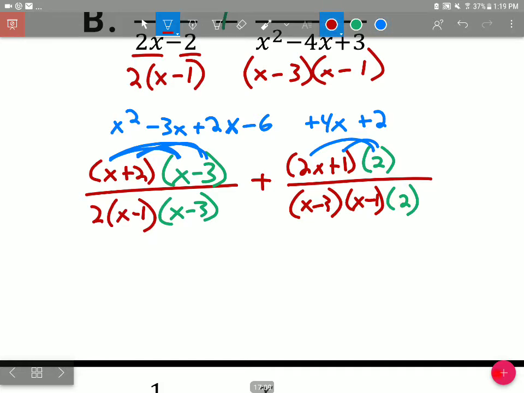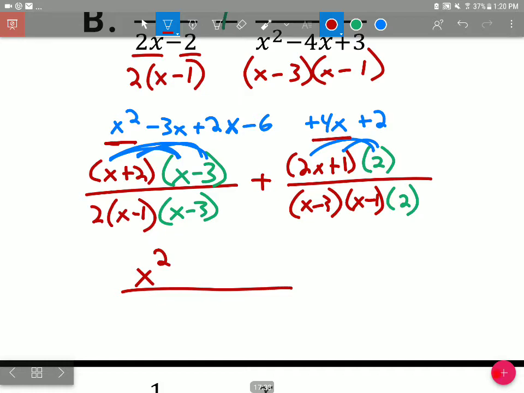Let's combine everything. How many x squared do you have on top? 1. All right, add up your x's. How many do you have on top? There actually are 3. I personally do the positive ones first.